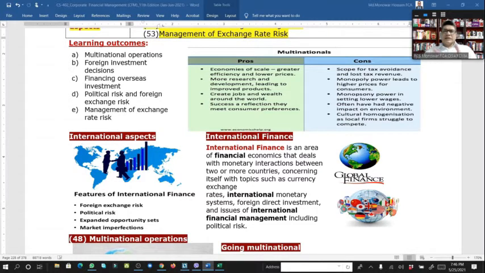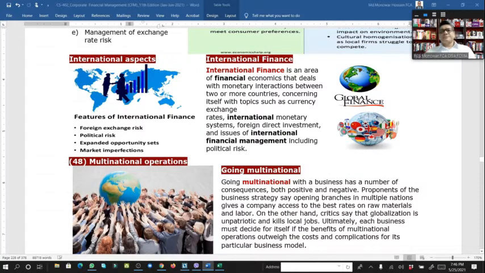So these are the problems of multinational, and the good thing is that multinational increases efficiency, creates jobs, etc. International finance is an area of financial economics that deals with monetary matters between two or more countries.